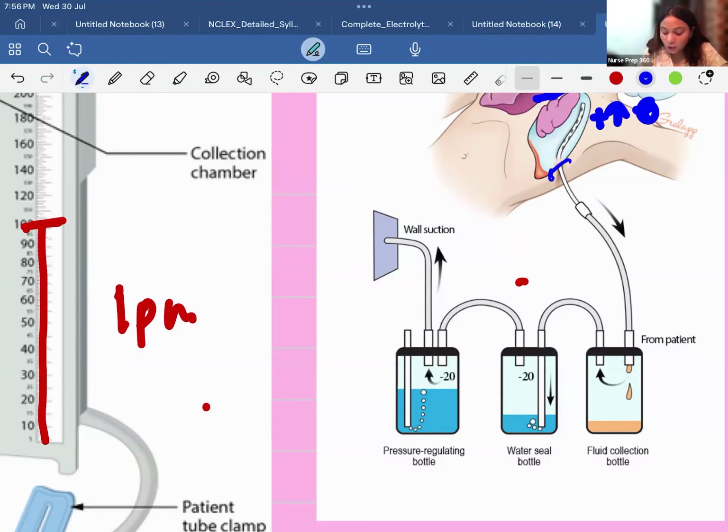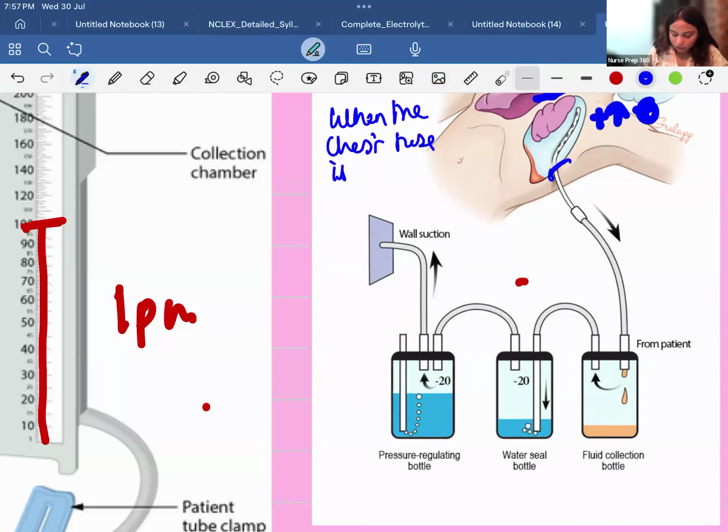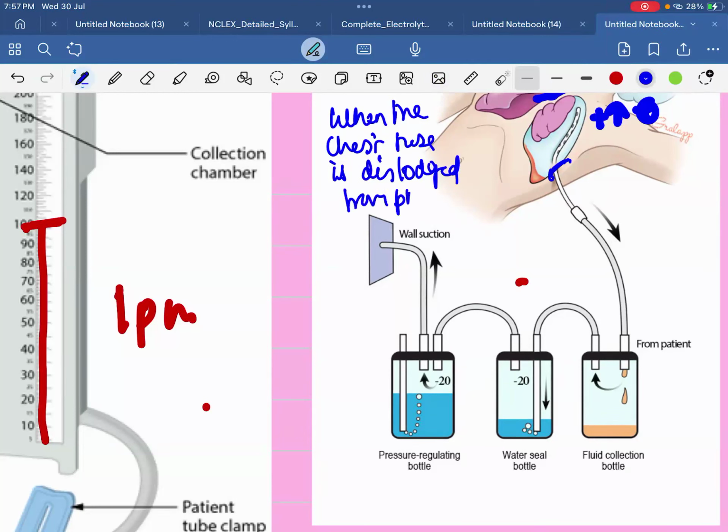So understand, when the chest tube is dislodged from the patient's end, if a question asks what is the first management, what is the first thing you will do? Put a gloved hand on the chest.